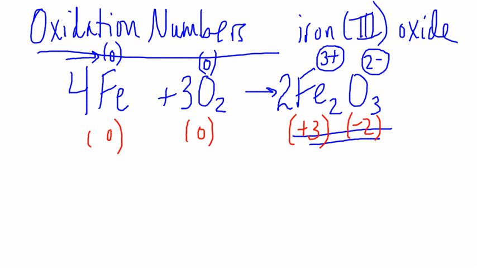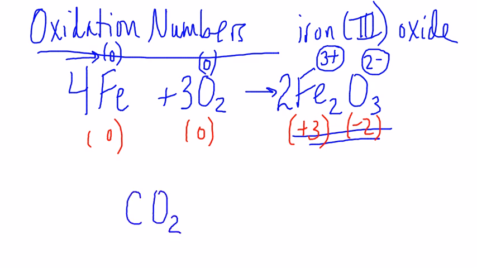So far, we haven't seen much difference between the oxidation number and the charge on the atom. And for many cases you won't. However, within covalent compounds, you often do see a little bit of a difference or a distinction. An example I'll show is carbon dioxide.